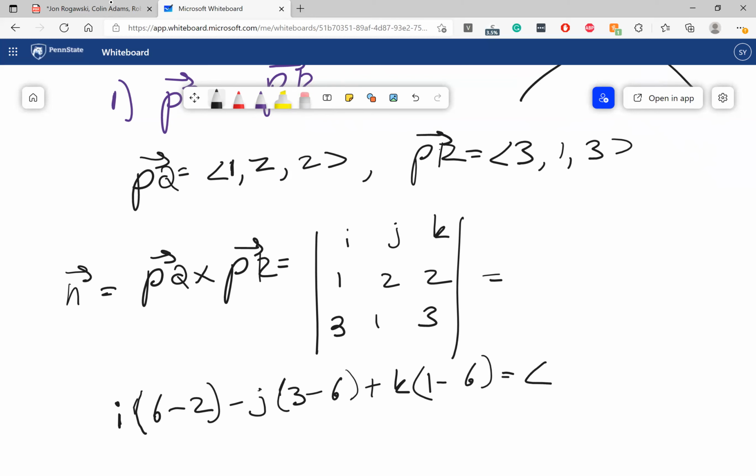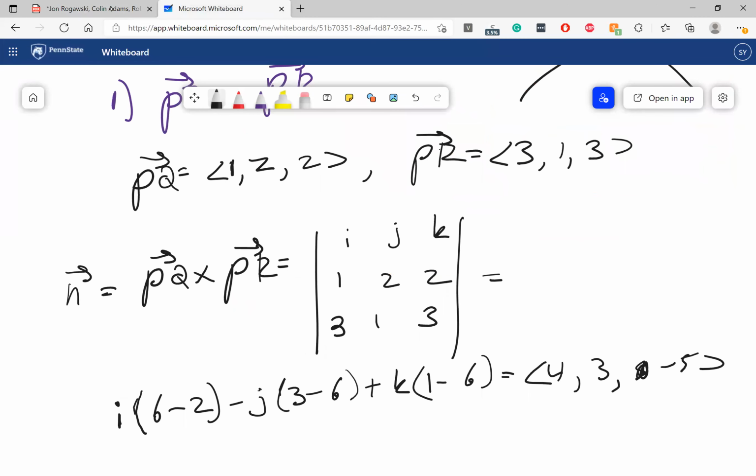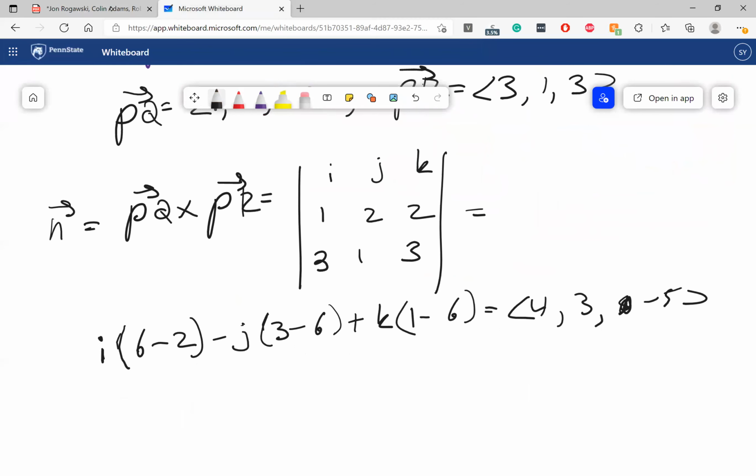That gives us the vector 4, 3 minus 6 is negative 3, so we get 3, and negative 5. 4, 3, negative 5. Perfect. So now we have our normal vector. My normal vector is the vector 4, 3, negative 5.